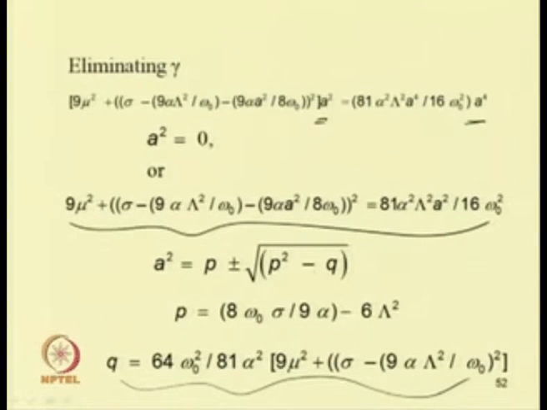It can be noted that from this equation the solution will exist, that is, it will have a real solution, if this part is positive. So, the solution will exist if p square is greater than q; if p square is not greater than q, then we cannot have a real solution.